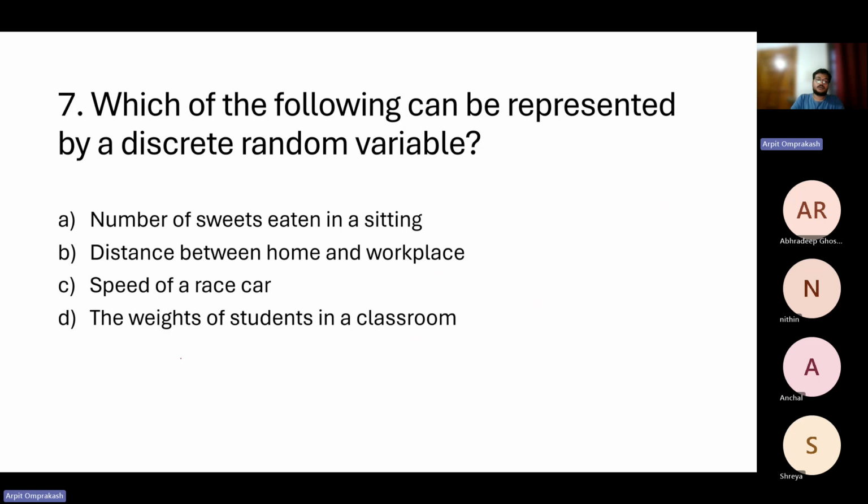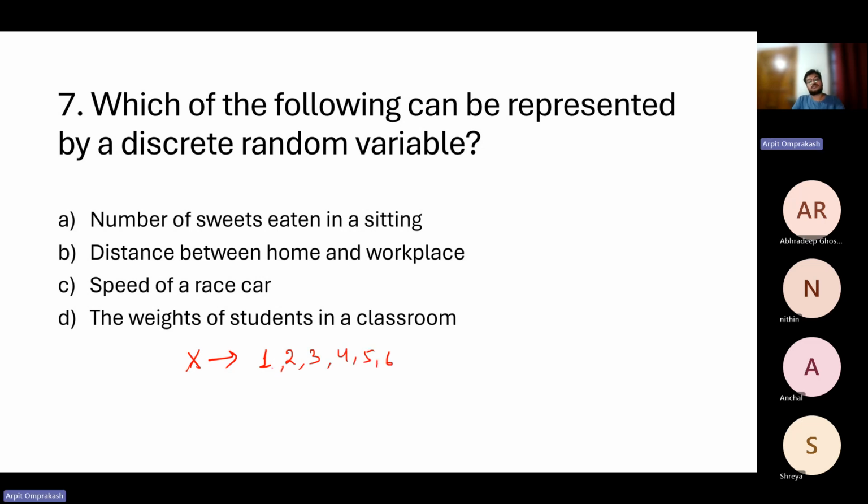When we talk about discrete random variables, we know that they are variables which can take on discrete values. For example, when you roll a die, the number that comes up, if you treat it as a random variable, is a discrete random variable because it can only have values which are discrete and limited.